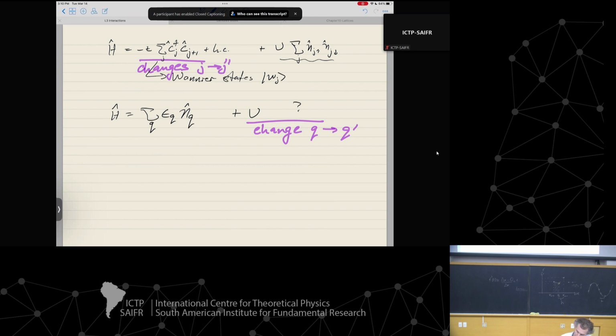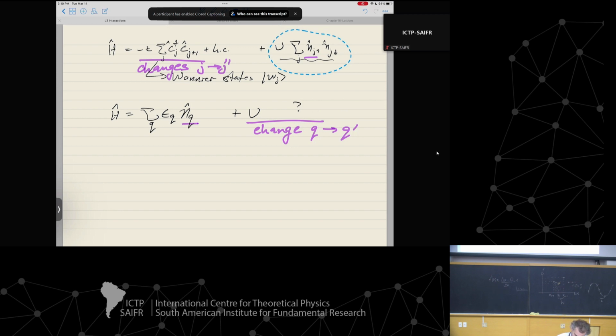Whereas in this case, for the interaction, we had just number operators, so we could count the number of either localized states in this case, or the number of momentum states here. The reason we expect some kind of change to occur is because we know the interaction energy is not diagonalizable in momentum space. It's diagonalizable in position space, so it must be somehow delocalized in momentum space.